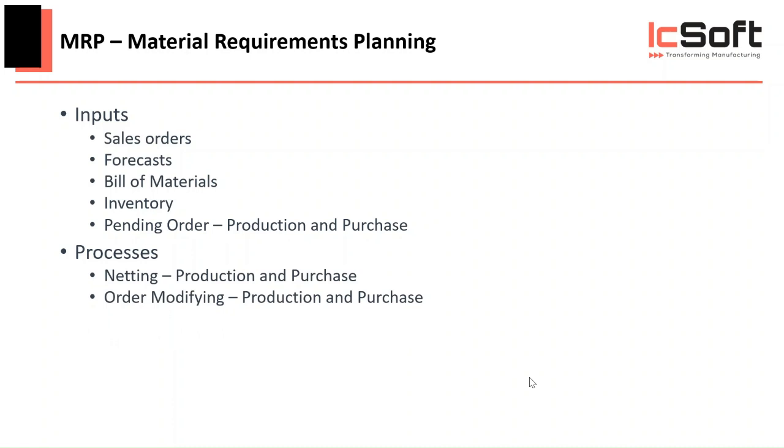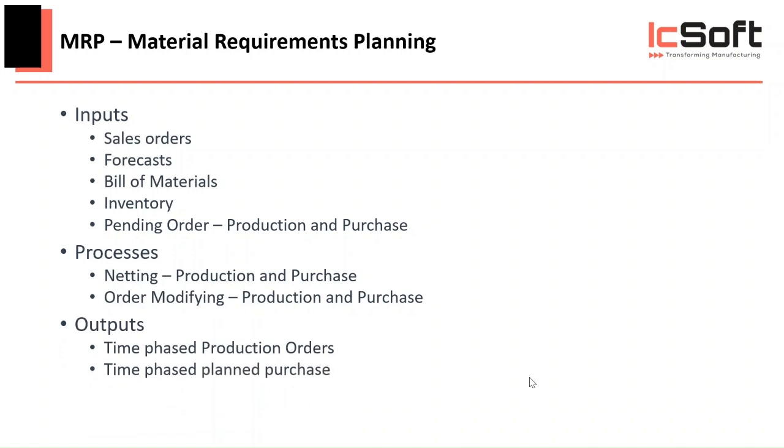So the output of the netting process needs to be modified using these quantities. And once this has been done, the output of MRP is a set of time phased production orders or work orders as we call them, and a set of time phased planned purchases.